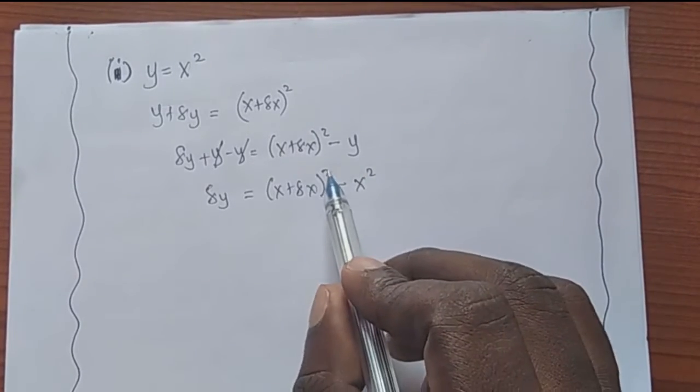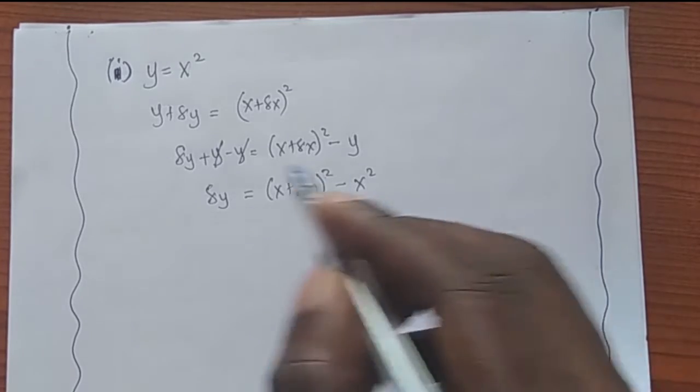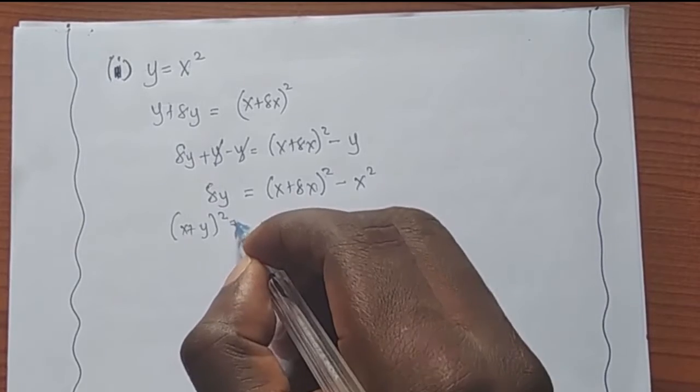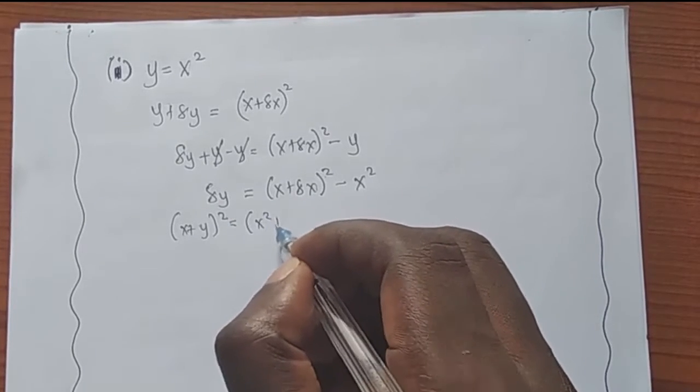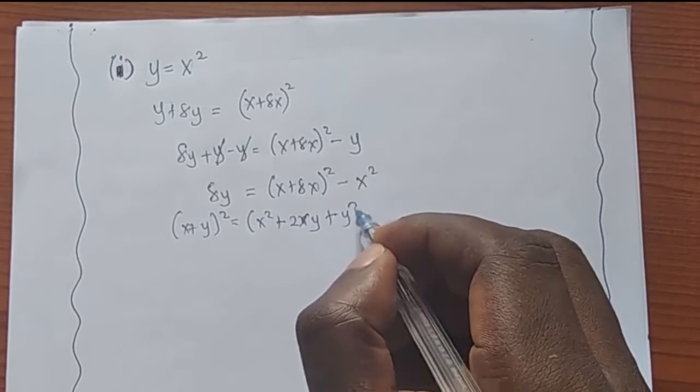So clearly this one can be further broken down. Remember, (x + y) squared is the same as x squared plus 2xy plus y squared.